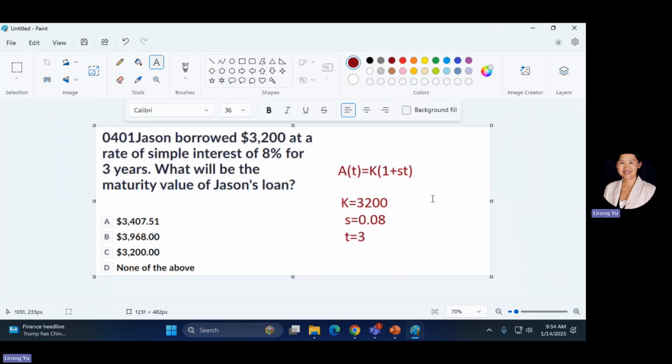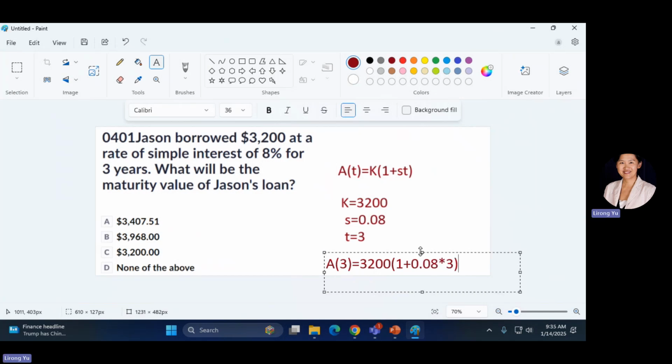So we put in everything for the calculation of the value at time 3, which is 3 years at maturity. A3 is equal to the original investment, 3,200, multiplied by 1 plus 0.08 times 3, where time is 3.